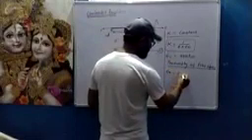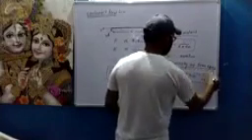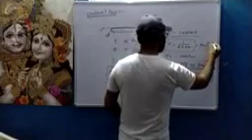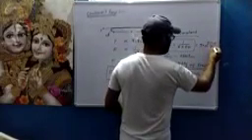Its value is 8.85 into 10 to the power minus 12 Coulomb square upon Newton meter square. And the value of K is equal to 1 upon 4 pi epsilon naught, which is 9 into 10 to the power 9 Newton meter square upon Coulomb square.